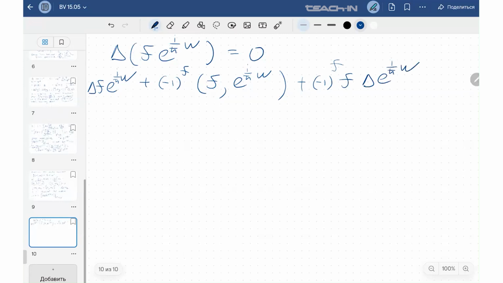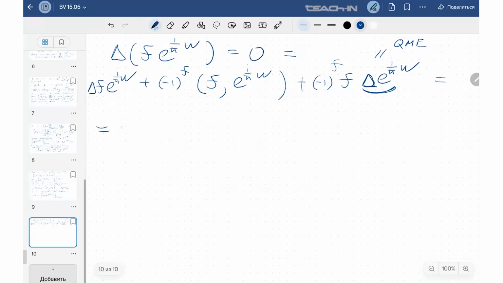Yeah, so we get these 3 terms. I continue the equality, and this must be 0, right? This is 0 on account of the quantum master equation, because this is precisely the quantum master equation, that the exponential of W is annihilated by delta. So we get only these first 2 terms.